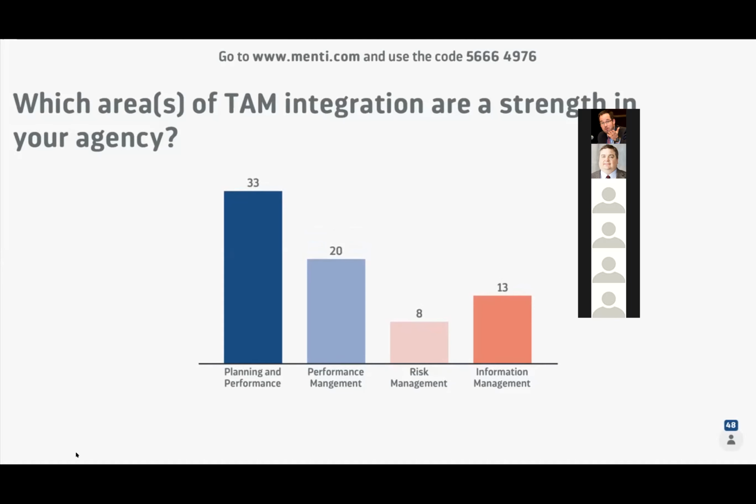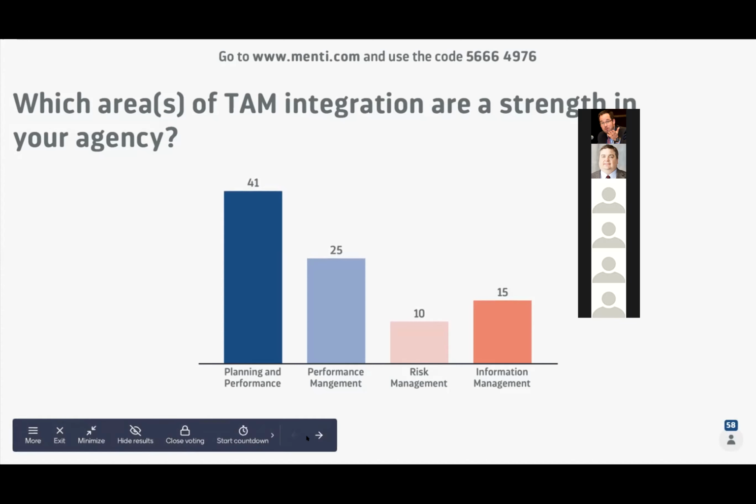So I think a clear area there where we see some strength in terms of that alignment, and it looks as though risk management is perhaps less so for most organizations, and perhaps that's something to consider moving forward. Okay, we've got about half the group has responded, so that's pretty good. The next question is probably even more challenging, so we'll see how we get on with that one too.